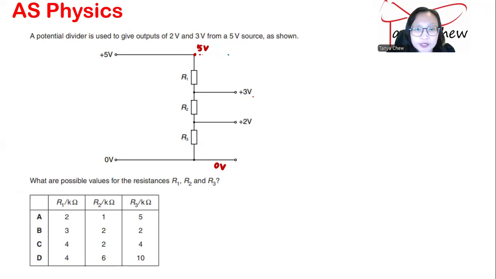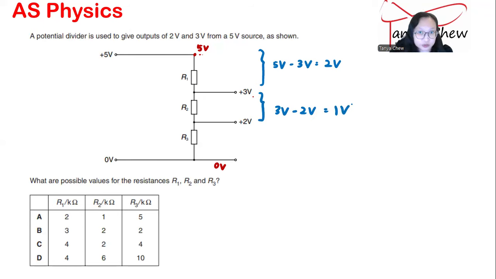So how do I find it? I take 5 volt minus 3 volt. That is the potential difference across R1. What about the potential difference across R2? I take 3 volt minus 2 volt. That is the potential difference across R2. Voltage is related to potential difference, it is not potential.